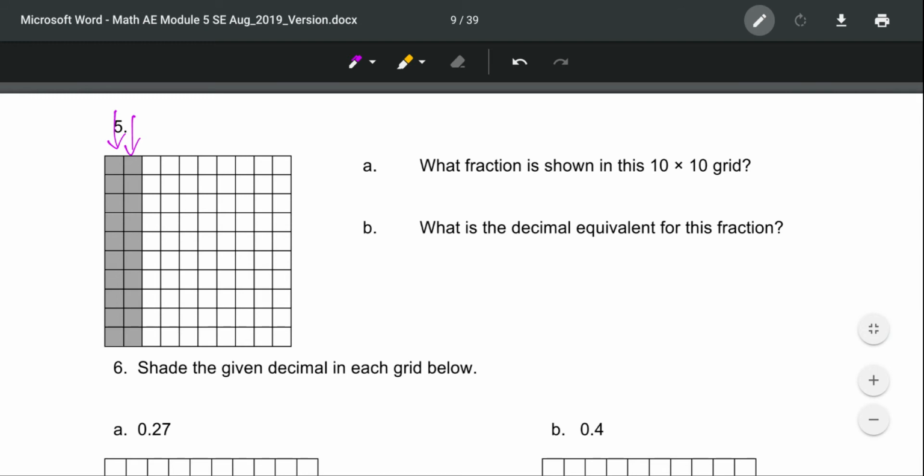So that means we have a total of 20 out of 100 units shaded in. And remember that 100 means that our value is in the hundredths place. So this would be 0.20. So it'd be 20 hundredths. That's how you would read that.